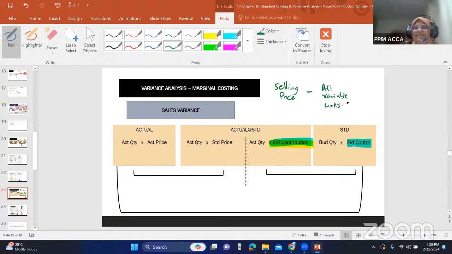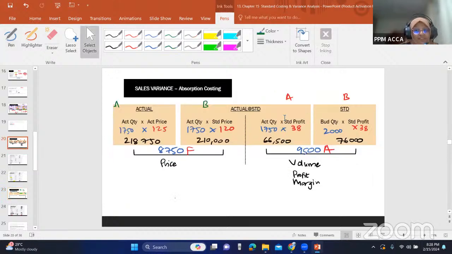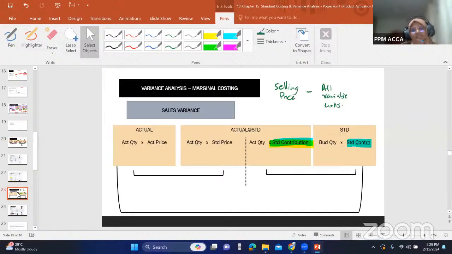So if you're using marginal costing, very rarely will you take decision based on the profit. So you can see the sales variance when it comes to absorption costing, we say it's actual quantity into standard profit, budgeted quantity into standard profit. Marginal costing, we prefer to take decisions based on contribution. So that is the only thing that changes.